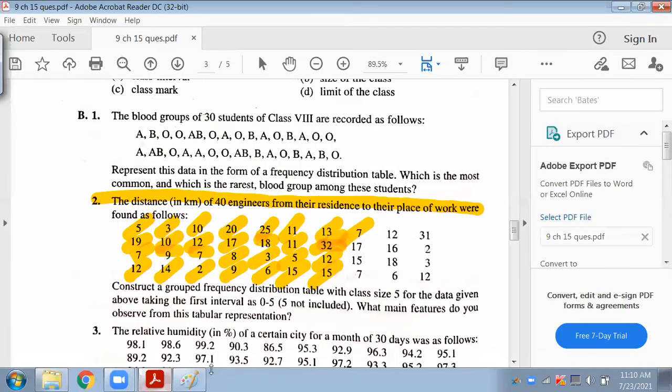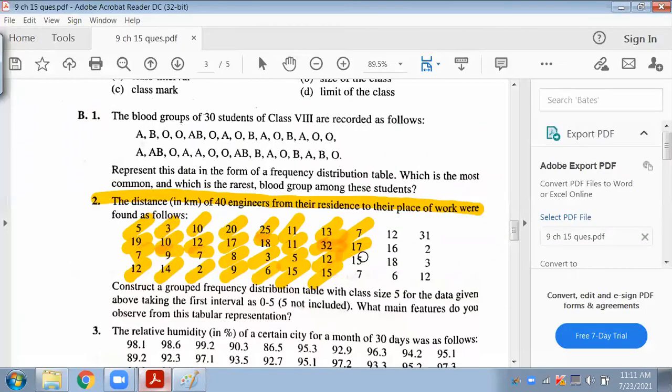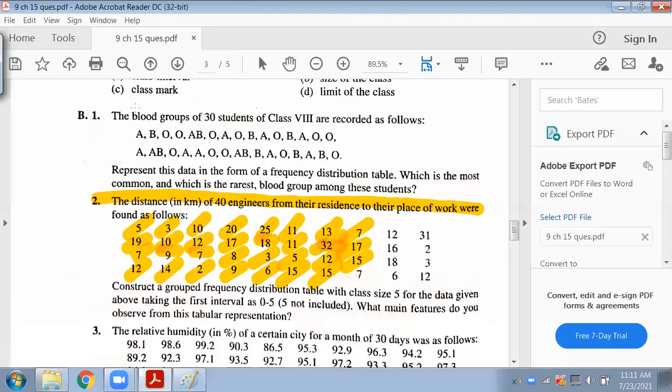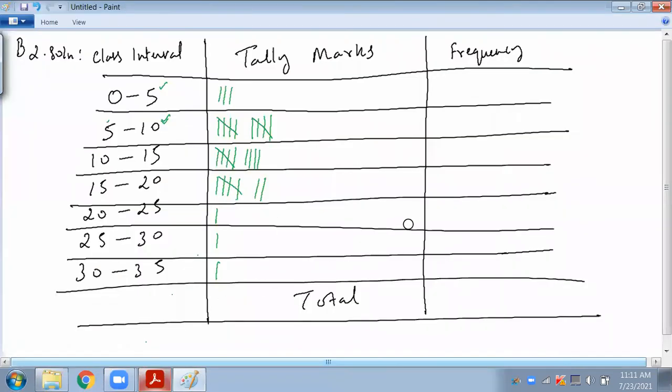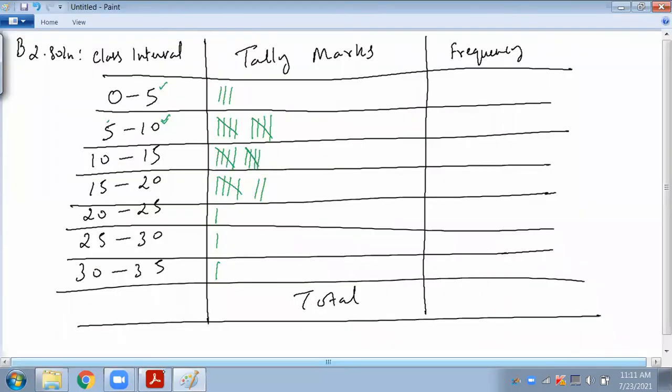Next 17. After 5 we are starting, so leave a little gap and then start. Then 15. 15 we are not going to put in the first one, but in the second one. 7. Again the fifth one, cross it. 12. Again the fifth one, cross it.